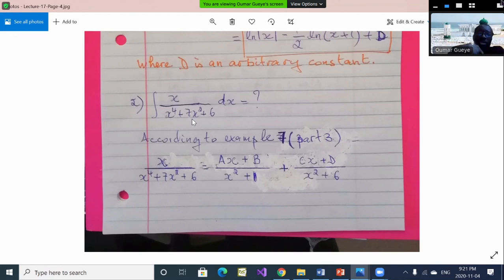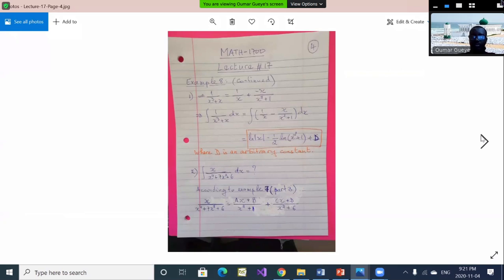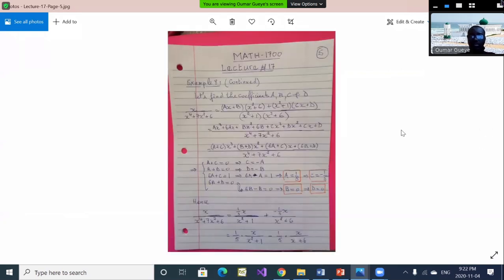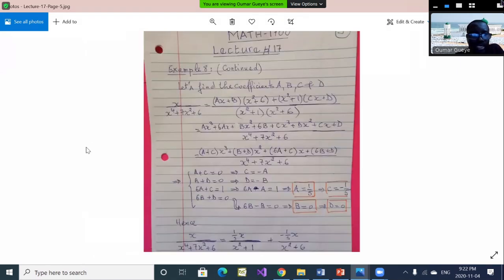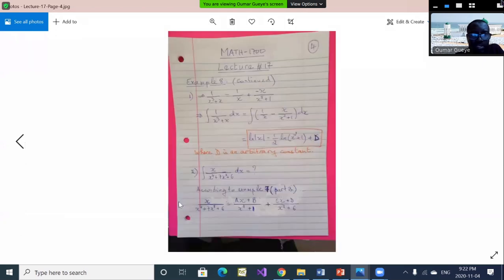We're going to use the same technique to find the coefficients. You just have to recompose this sum by finding the common denominator. And when we do so, we'll get exactly this. You multiply up and down. I'm going to let you write it down if you don't have it so far.